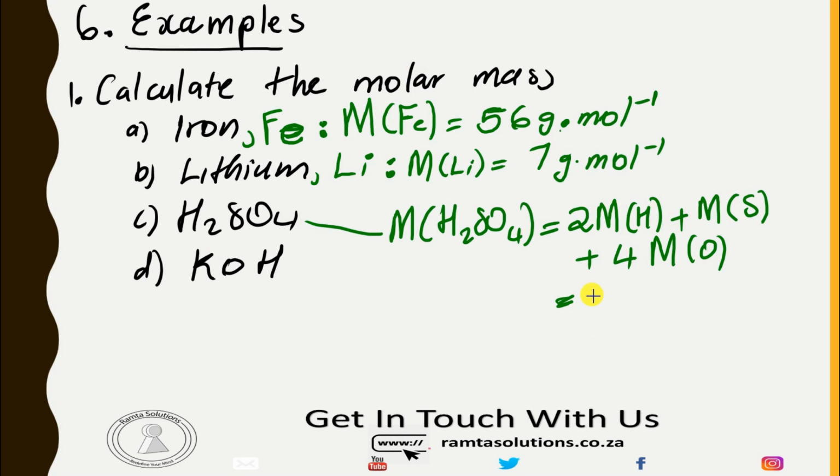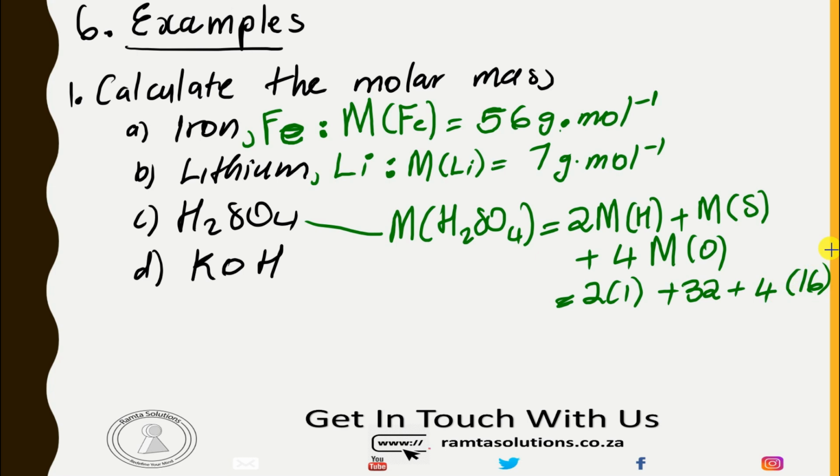So it's 2. What is the molar mass of hydrogen? It's 1. So it's 2 multiplied by 1. Sulfur, your periodic table says it's 32. There are 4 oxygens. Its molar mass is 16.